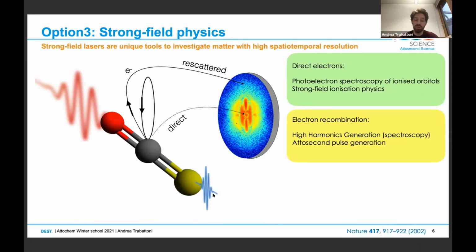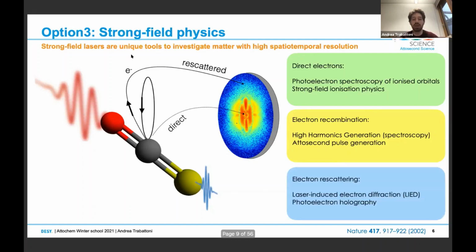But we have also a third channel, because part of the electron wave packet that is returning onto the parent ion can be rescattered. And the nice thing is that these electrons are further accelerated in the field, and they acquire energy. You can image all your electrons, direct and rescattered, onto a 2D detector. For example, in a velocity map imaging spectrometer, you can acquire the angular resolved momentum distribution of your photoelectrons.